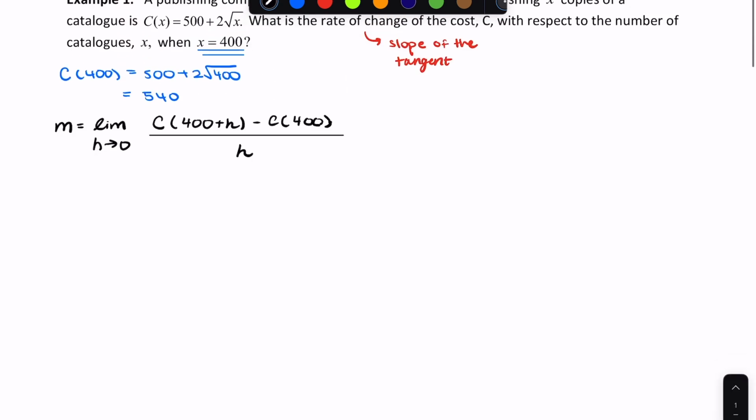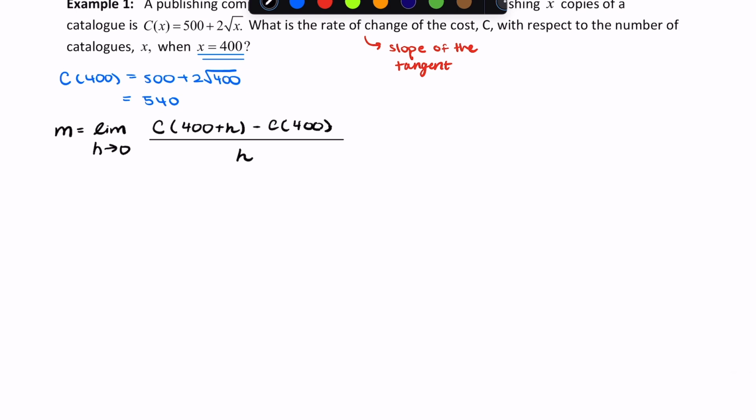We know that the limit as h approaches 0 of C(400 + h) can be rewritten as 500 plus 2 square root of 400 plus h, and we saw that C(400) was 540.